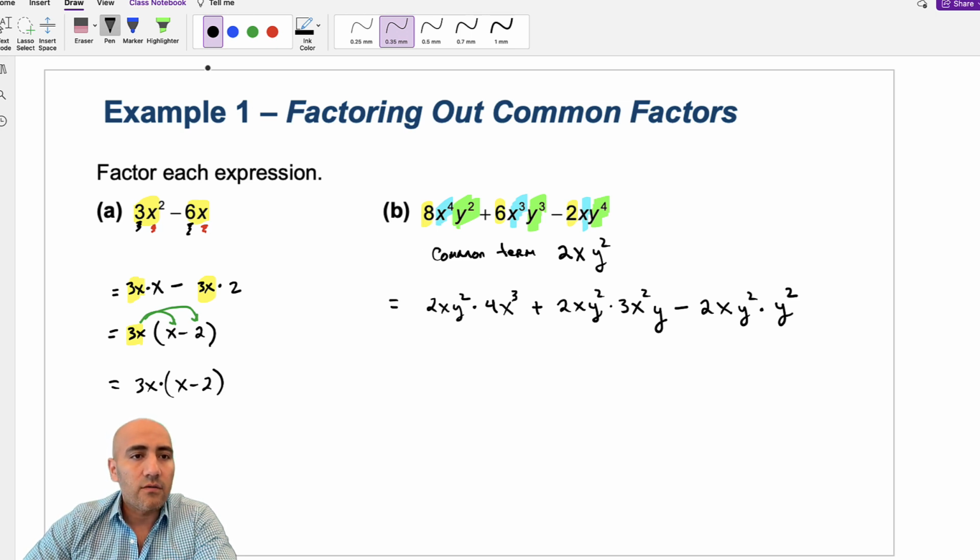Okay, so now it's really easy to see that common term right there, right there, right there.